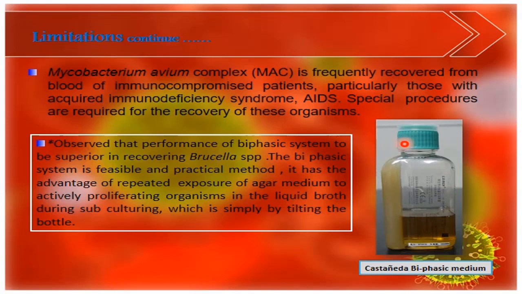This represents the Castaneda biphasic medium. Where can I use Castaneda? I can use Castaneda for culturing blood from patients with high suspicion of brucellosis, because here I have two types of media: solid media, as I show here, and liquid media, for example brain-heart infusion agar and brain-heart infusion broth.